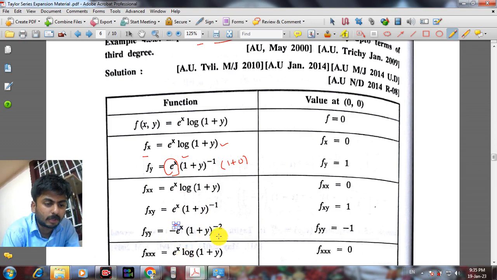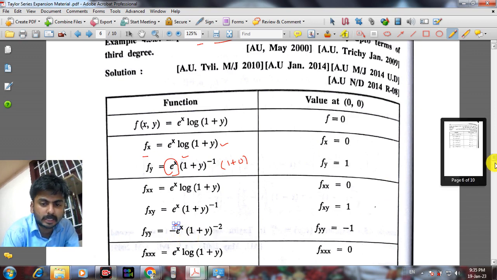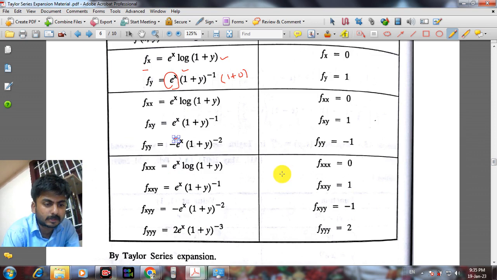And f triple y will be, minus becomes plus, plus e power x into 1 plus y whole power minus 3. So let us check f triple y. Plus e power x 1 plus y whole power minus 3, n x power n minus 1. So 2 will come as the coefficient of e power x: 2 e power x 1 plus y whole power minus 3.